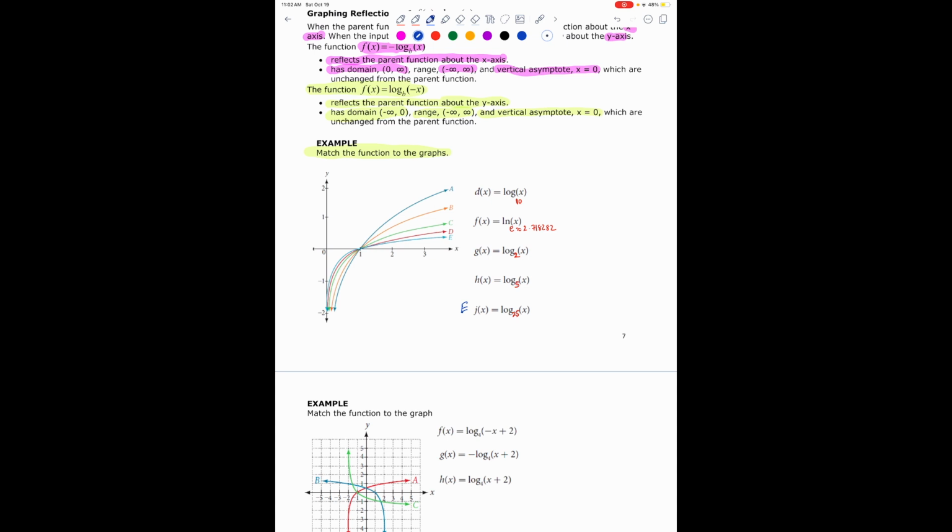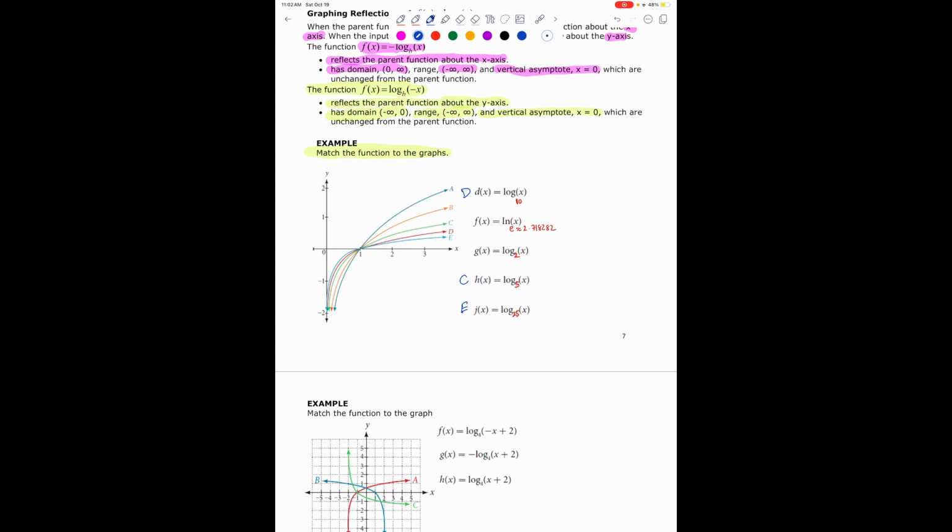So d of x is going to match graph D, because the base is the next biggest number. The next biggest number is h of x, and that matches C.